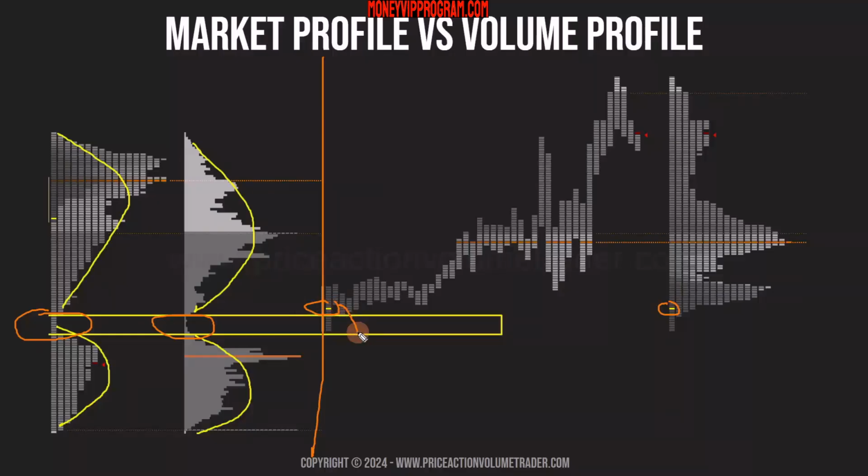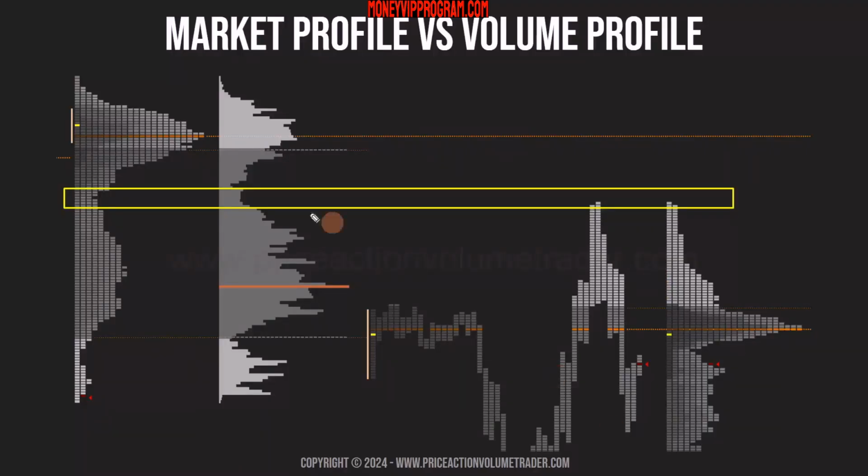We pushed into that gap, into the top edge of this node here, and then the market pushed up from there. Pushed down here, accepted back inside this high volume node, and then we retested the bottom edges here on both the TPO and volume profile, and then we just continued trending higher.